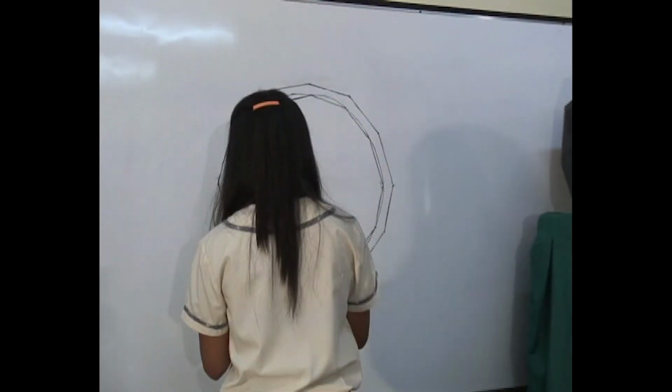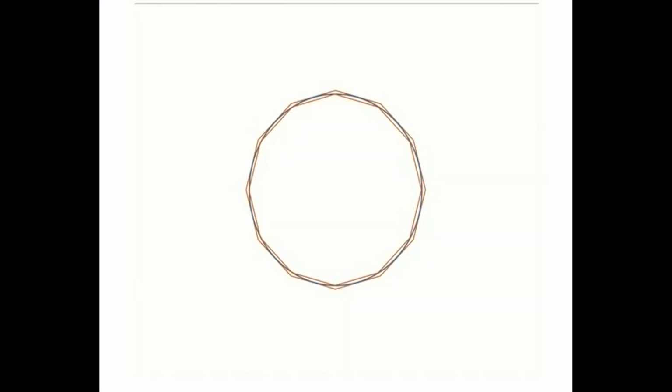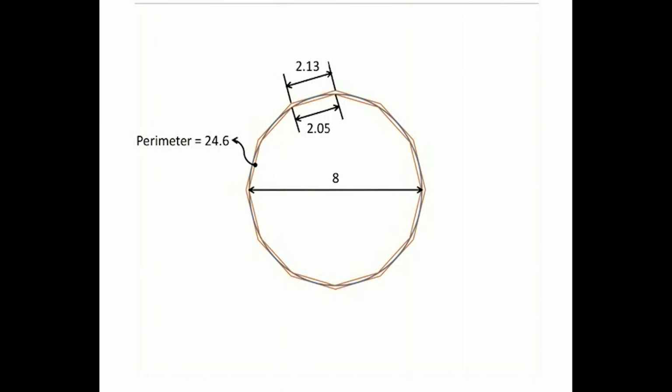Yes, ma'am. So, the diameter is 8 units. The smaller dodecagon has one side measuring 2.05 units. That makes the perimeter 24.6 units. The larger dodecagon has one side measuring 2.13 units, which makes its perimeter 25.56.